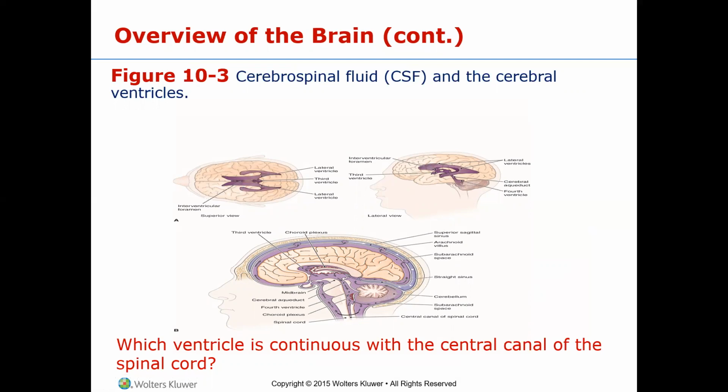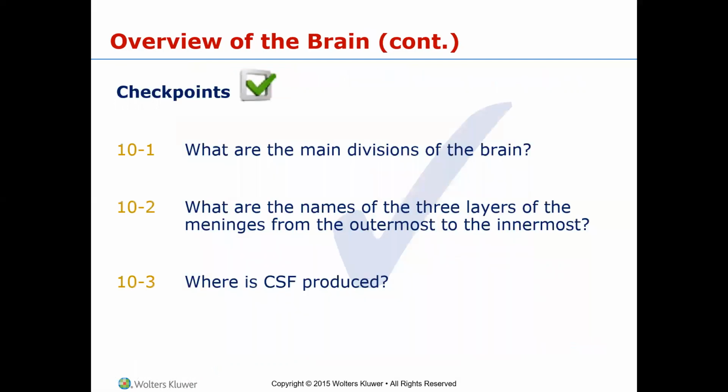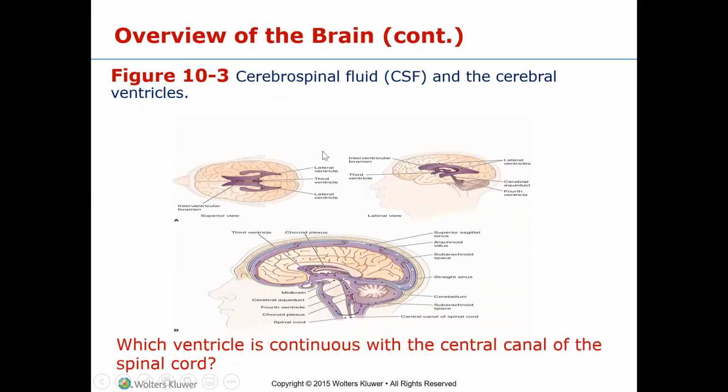And then here, coming down, you have the cerebral aqueduct, okay? And then you have the 4th ventricle, which is continuous with the brainstem into the spinal cord. So here's that choroid plexus, which is the area producing the cerebral spinal fluid.